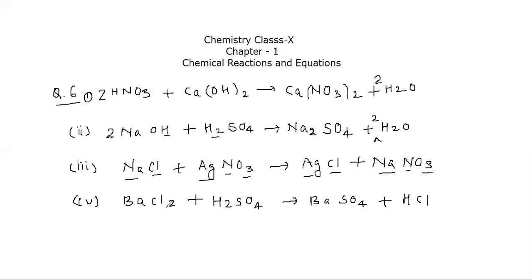Now here 2 atoms of Cl are there, so we can put 2 here. Now Ba on both sides is 1, S is 1 atom on both sides, oxygen 4 here, and hydrogen 2, so it is balanced. Now let's go to the next question.